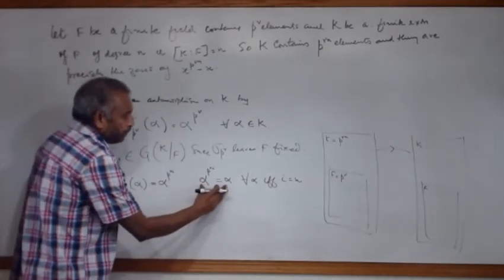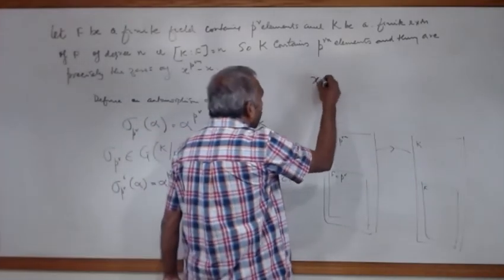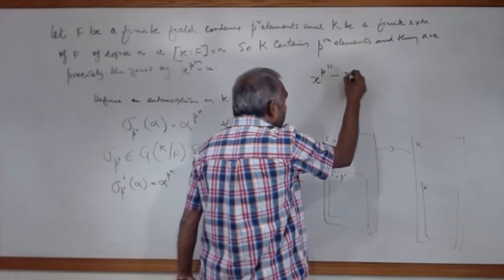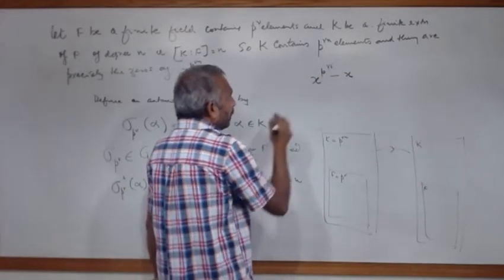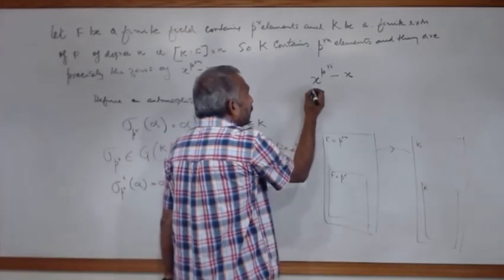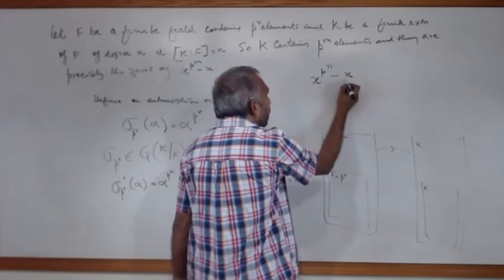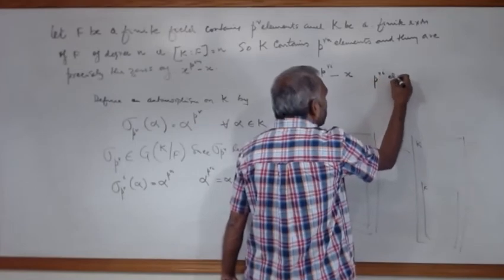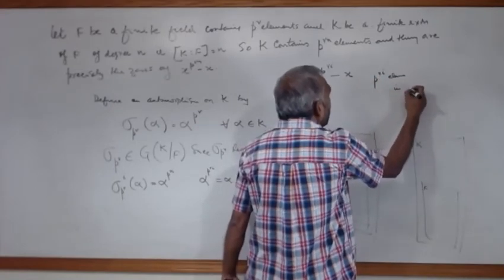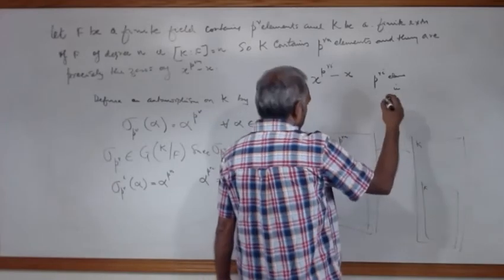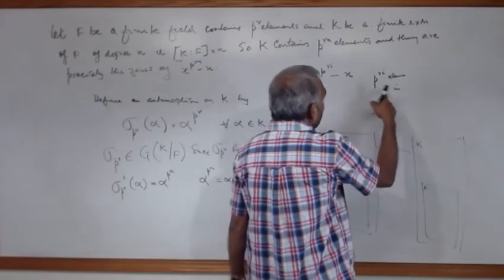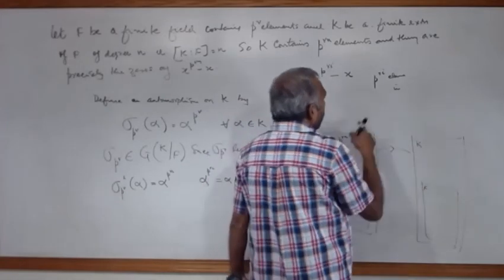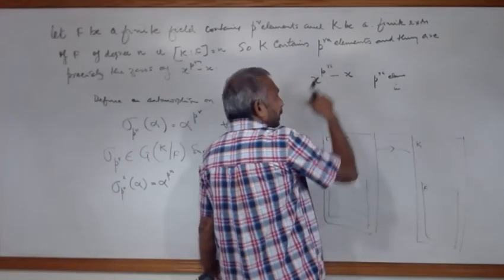Because, see, if you take the polynomial x to the power of p to the power of r i minus x, the zeros of this polynomial are p to the power of r i elements, and they are all in the extension of F of degree i.